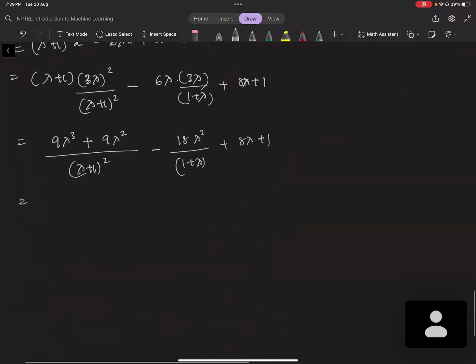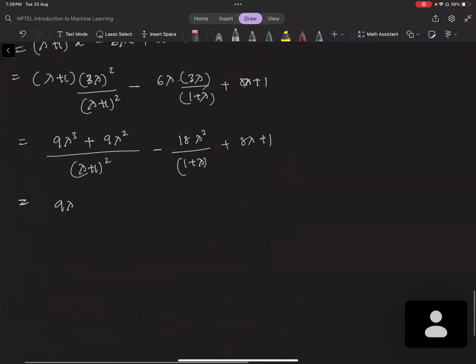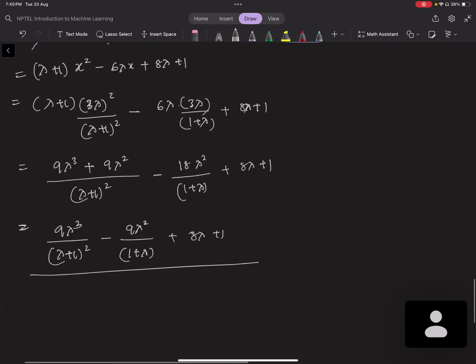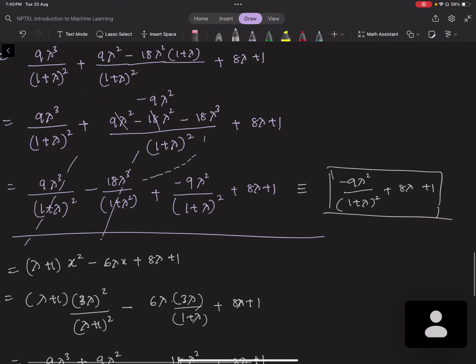This is also coming as minus 18 lambda, so it is coming also as 9 lambda cube by lambda plus 1 square and minus 9 lambda square by 1 plus lambda plus 8 lambda plus 1. Okay, so this is the final equation that is coming, so it should not cancel here.